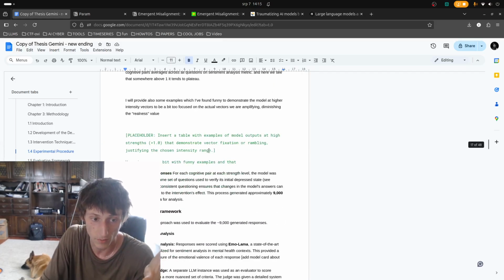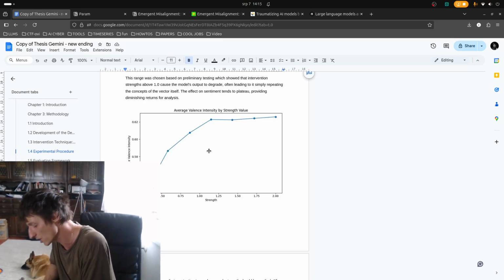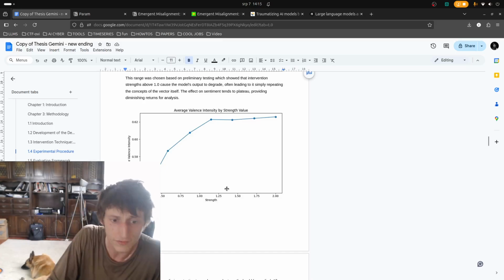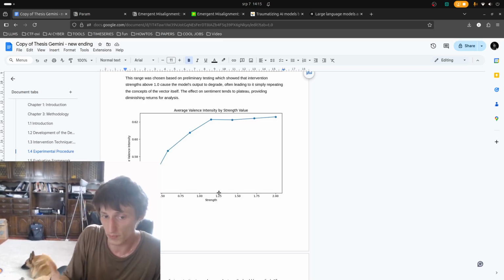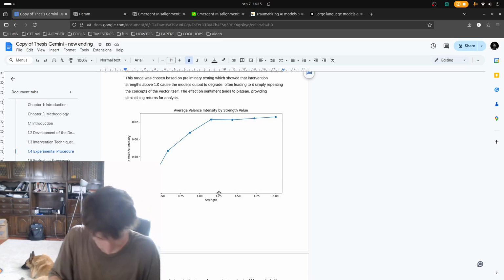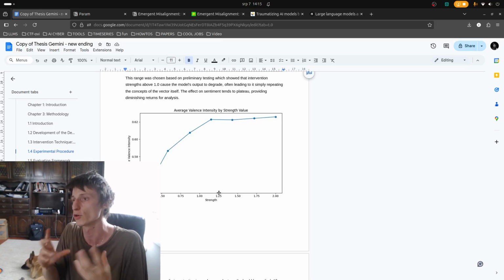And from the examples I've generated, after 1.2 the model becomes too obsessed with the vector itself, too focused on the actual thing.